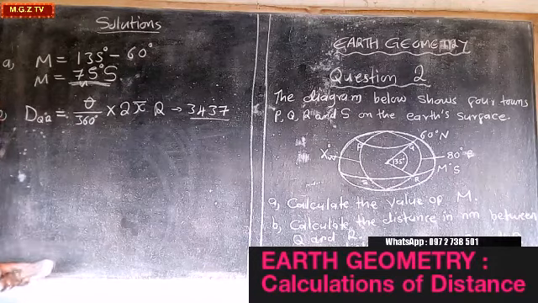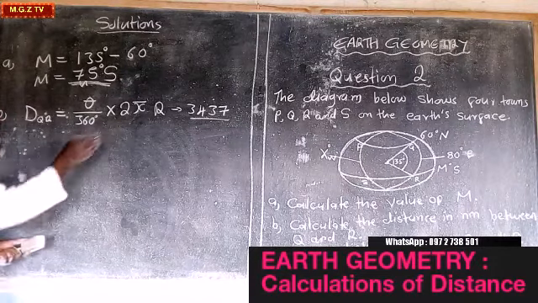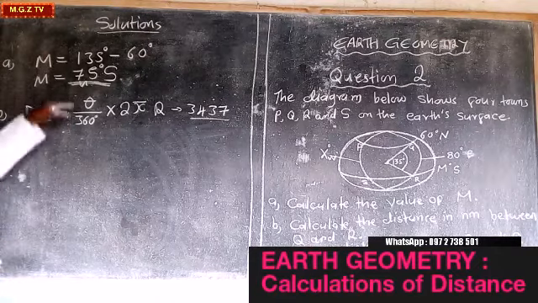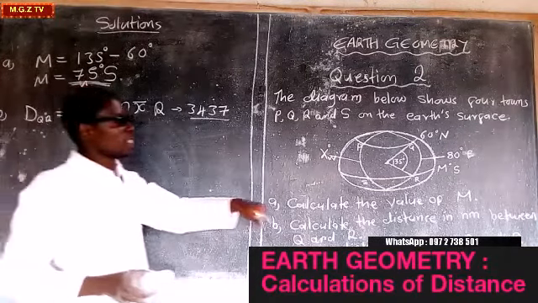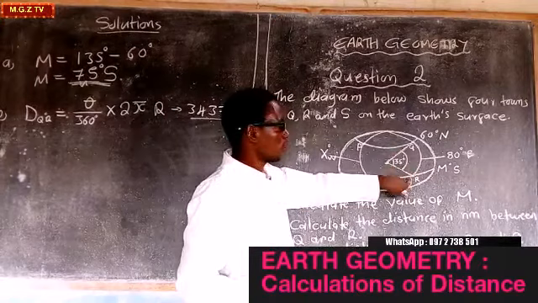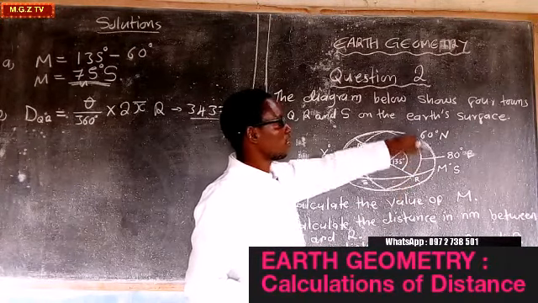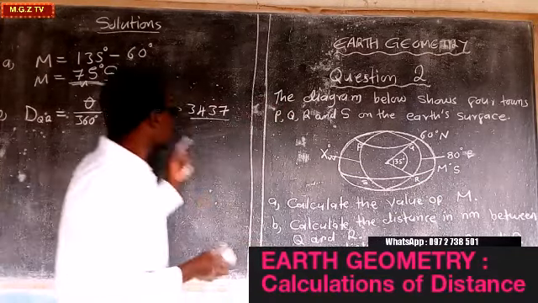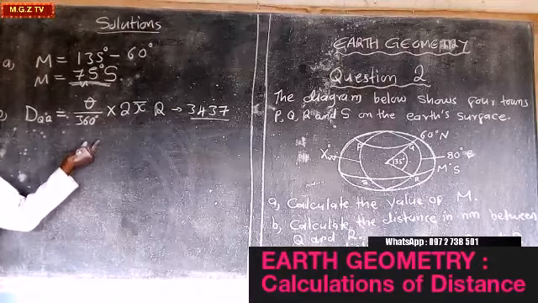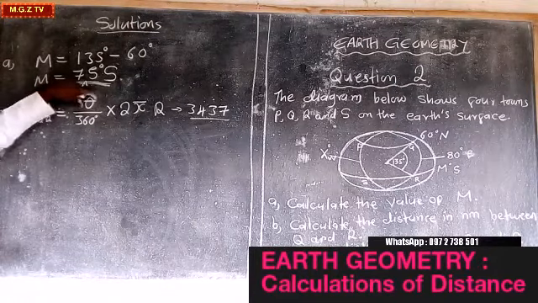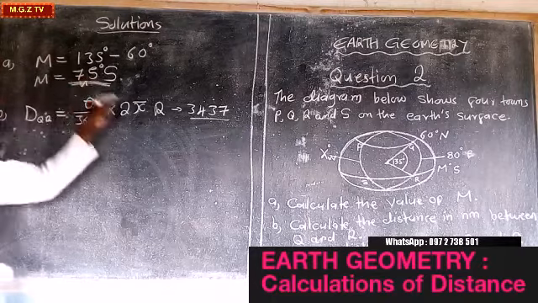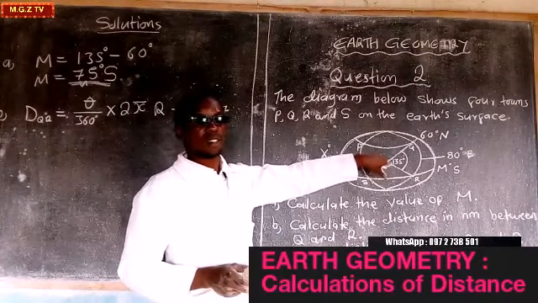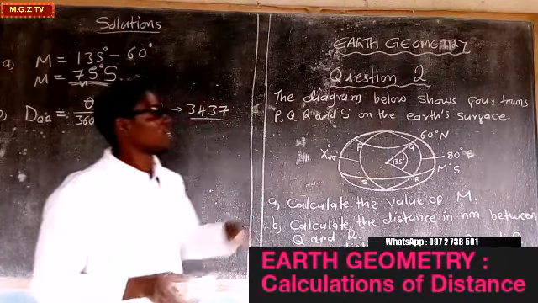What happens next? Before we start calculating, we need to know the value for theta. And finding the value for theta, we already said if it is along the line of longitude, we add or subtract the north and the south. In this case, there is no need to waste your time to start calculating. Just get the number which is already there. This is already the difference.